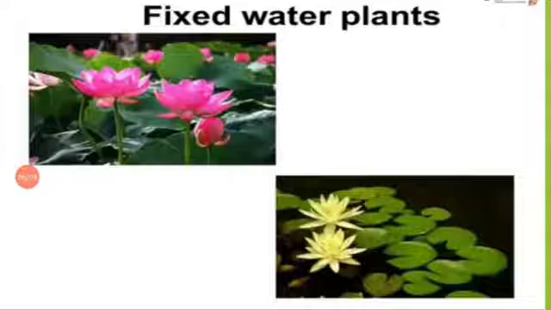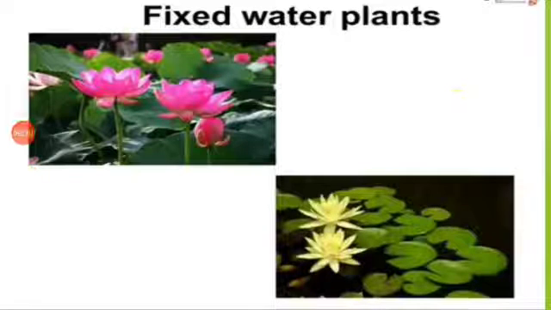Do you wonder why they do not break when the water current is so strong? The stems of these plants are very flexible, so they can bend with the flow of water and do not get damaged by strong currents. These types of plants are called fixed water plants. What are the plants? Lotus and water lily.